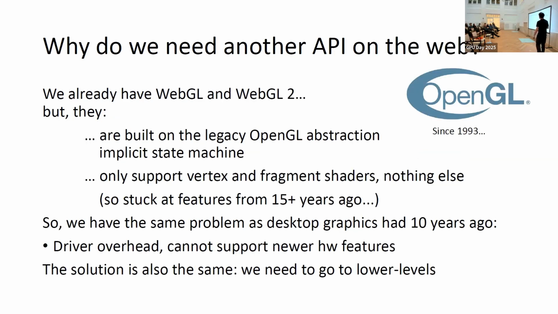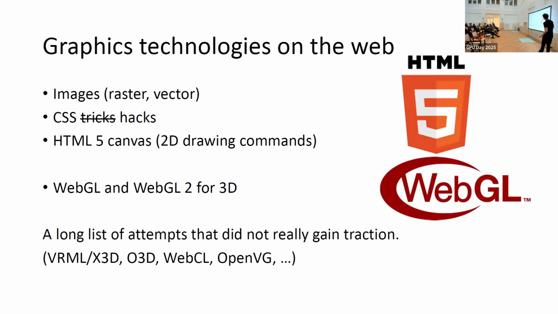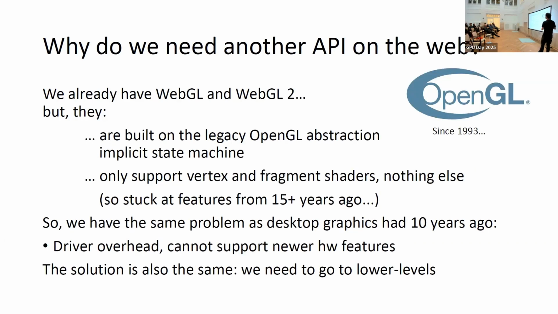So we have WebGL and WebGL2, but they are built on the legacy OpenGL chain of technologies. Let me remind you that OpenGL was established somewhere in the beginning of the 90s. And last time I checked, it is 2025. Okay, so it's already quite old.